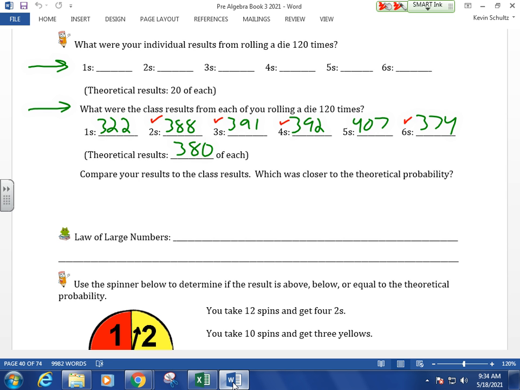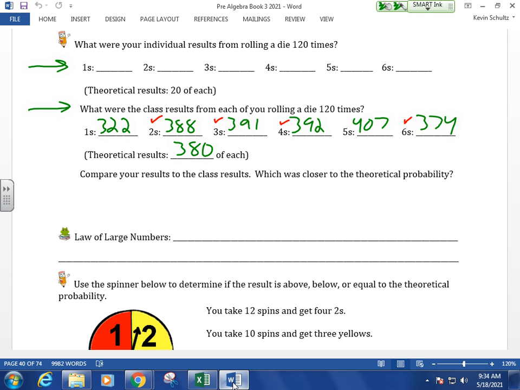If you only have 2 results that are within 3 of 20, then your class results are ultimately closer. But which one's closer to the theoretical probability? So this answer is different for all of you here. But for most of us, the class results were closer.